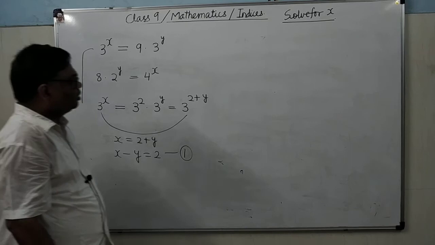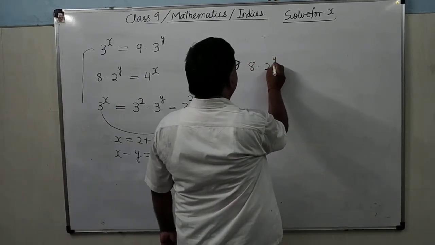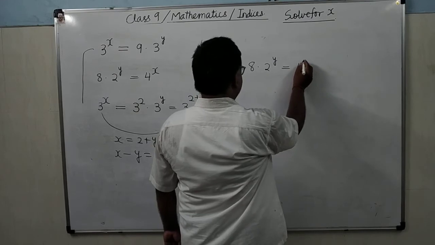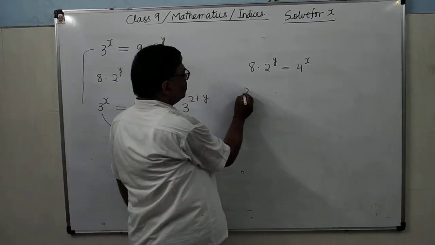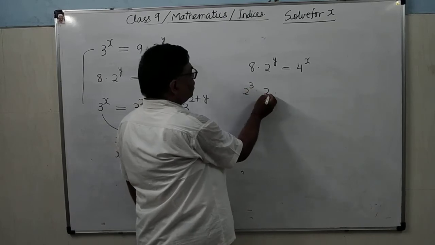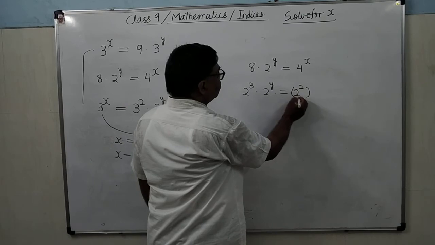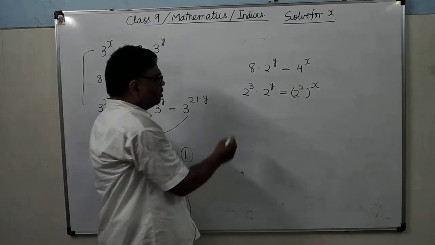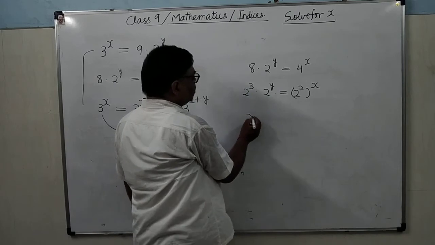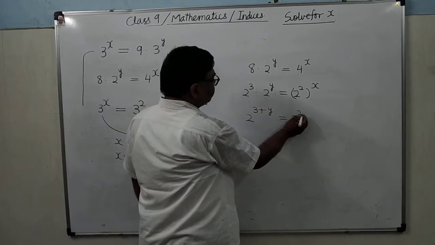Then you see here 8 into 2 to the power y equals to 4 to the power x. What will you write? 8, 2 to the power 3 into 2 to the power y equals to 2 to the power 2 whole to the power x. Bases are same, so powers will be added. 2 to the power 2x.